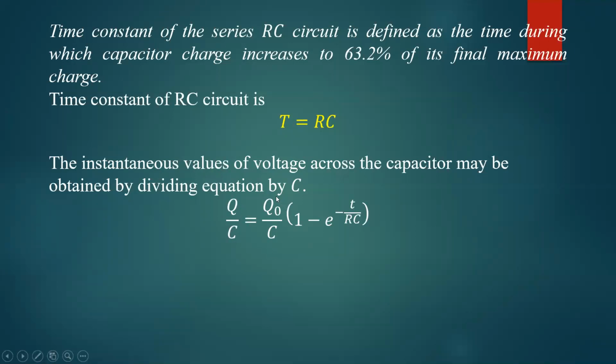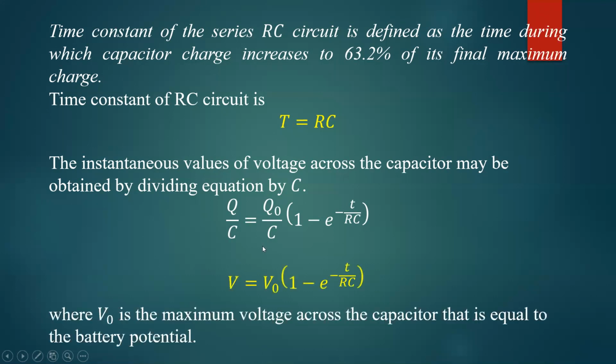Q naught by C is V naught, where V naught is the maximum voltage, that is equal to the battery voltage. Therefore, V becomes equal to V naught into 1 minus e to the power minus t by RC, where V naught is the maximum voltage across the capacitor, equal to the battery potential.